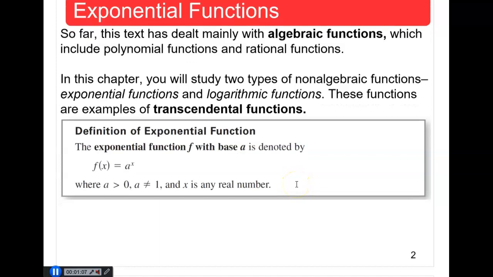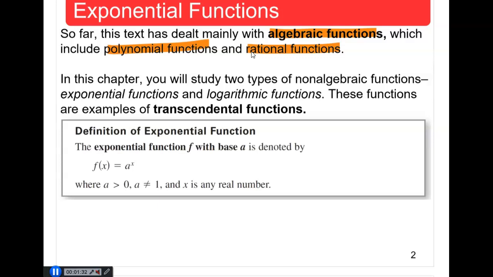So far this text has dealt mainly with algebraic functions, which include polynomial functions that we studied in chapter 2, and also rational functions. Those are the ones that the book is considering as algebraic: polynomial and rational. Remember, rational was the ratio of two polynomials.